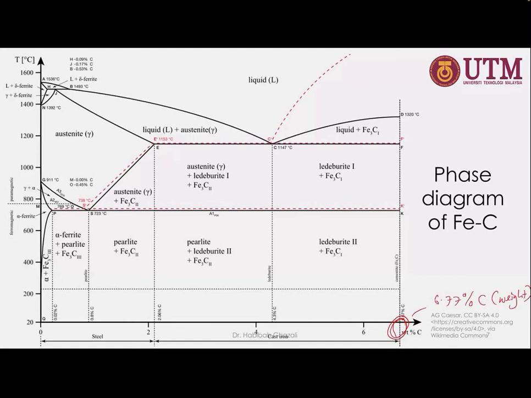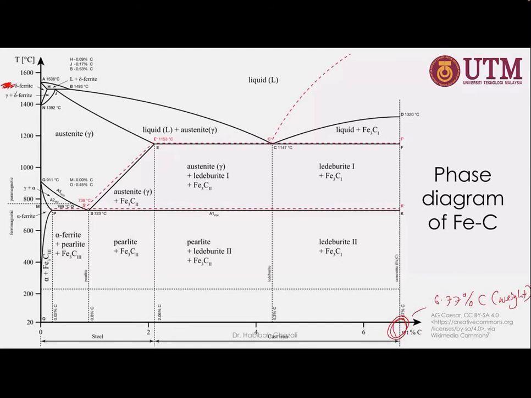So 6.67% is too much for carbon to occupy the interstices inside the iron crystal structure. This one is not liquid. It's just delta. I think this photo comes from Wikipedia if you Google this iron-carbon phase diagram; they mistakenly labeled this region.